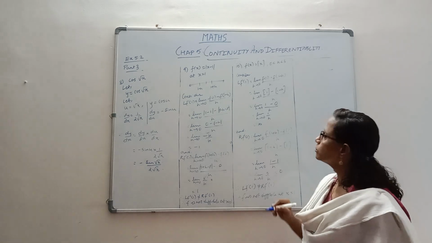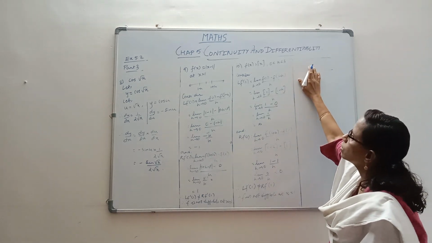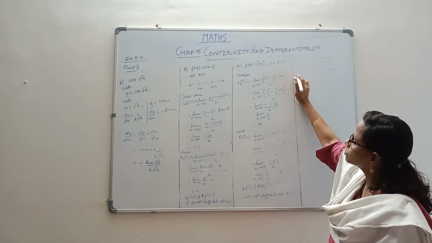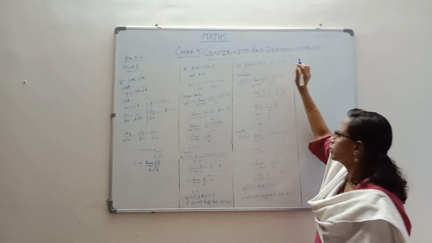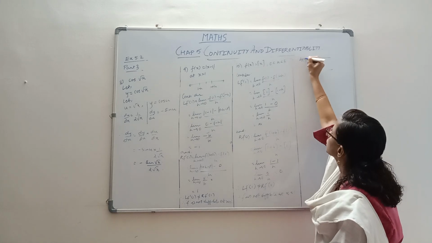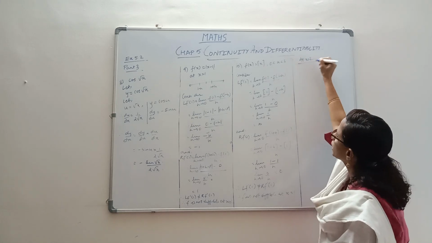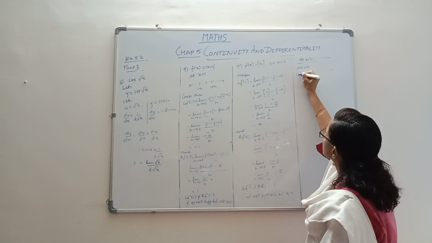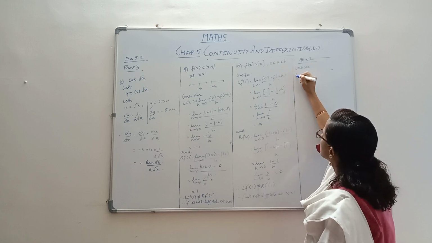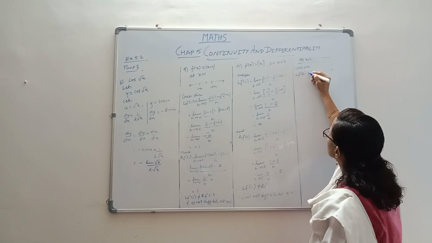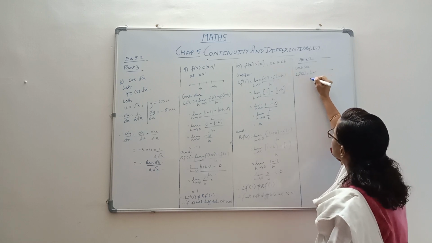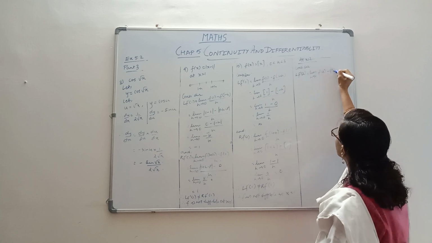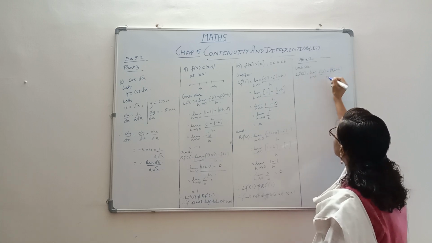Now, whether it is the same story at x equal to 2, or whether the definition is going to vary at x equal to 2, we have to find out. So let's check at x equal to 2. We are considering the left derivative at 2. That means limit as h goes to 0, f of 2 minus f of 2 minus h, by h.